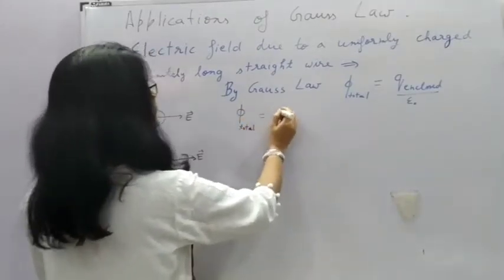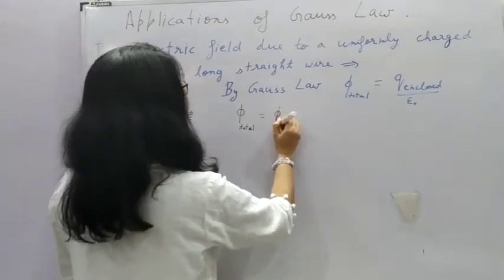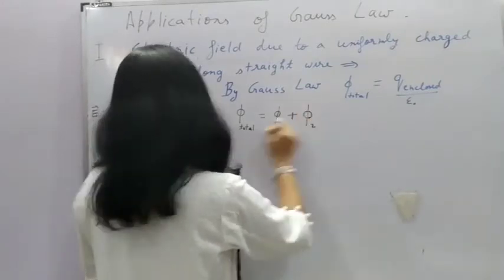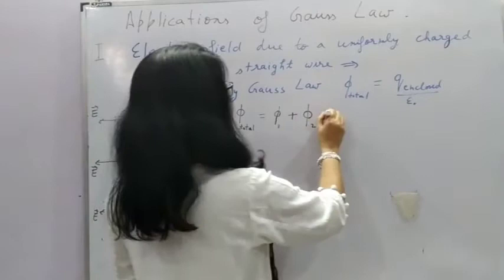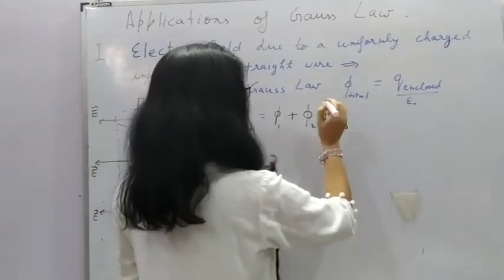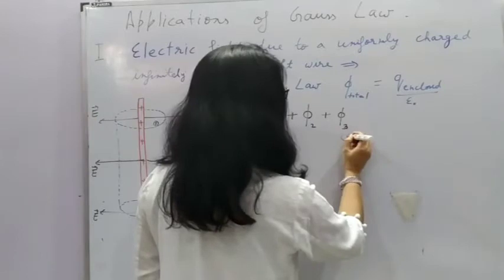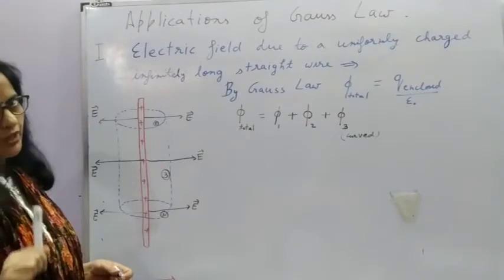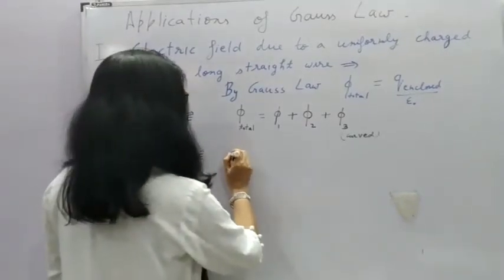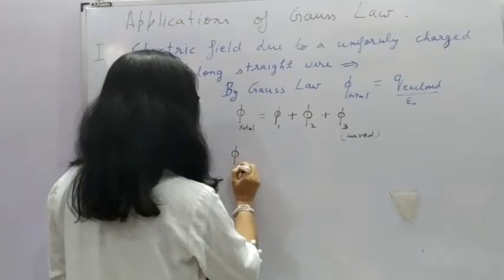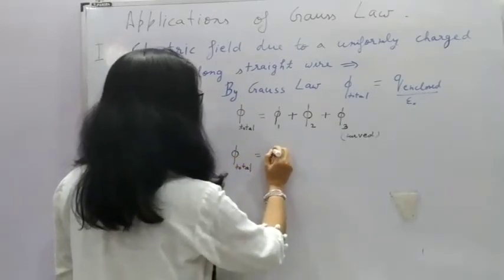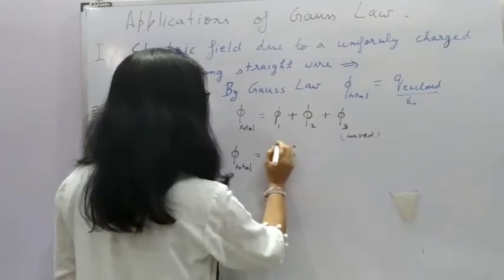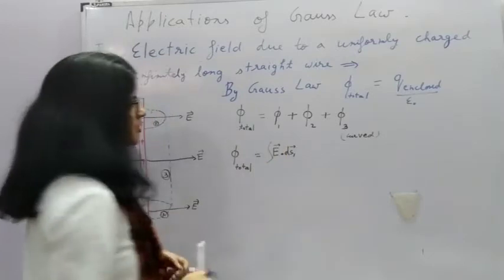So the total flux will be the flux due to the first surface plus the flux due to the second surface plus the flux due to the third surface, which is the curved surface. The electric flux is E dot ds1, and then we integrate for the total flux due to this surface.